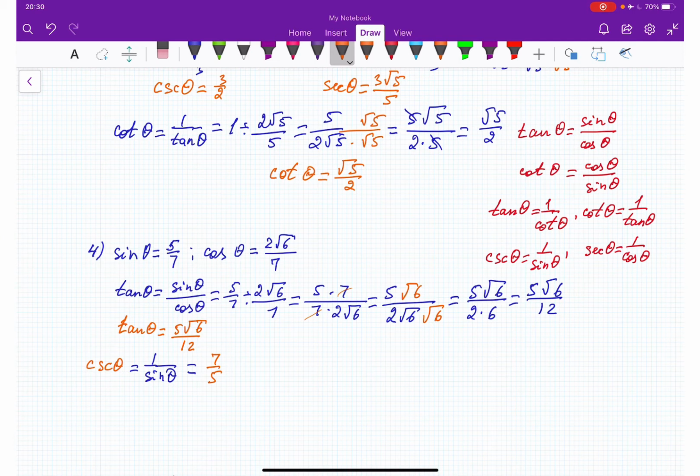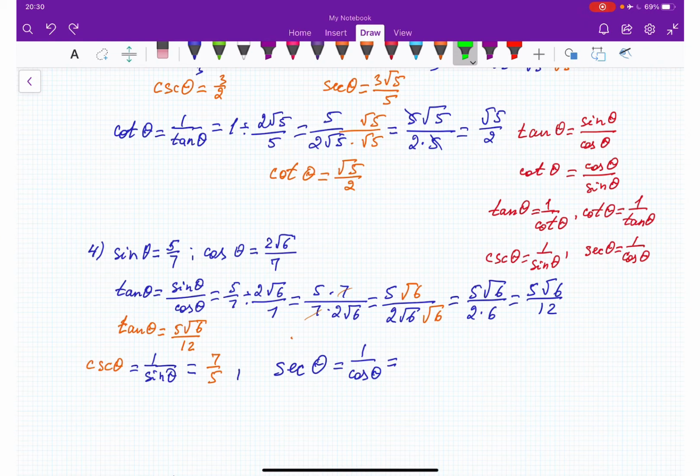And next we have tangent, secant, cosecant. So secant. Secant theta is equal to 1 over cosine theta, which means now I'm going to flip cosine theta. If I take 1 divided by 2 square root 6 over 7, that means I'm going to flip it.